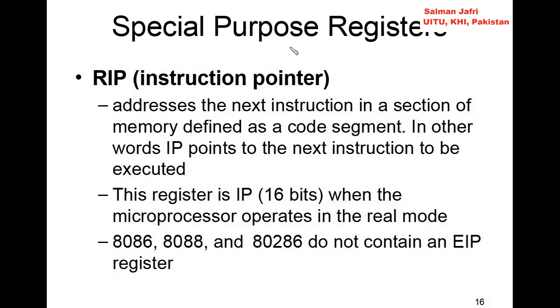Now let's talk a little about special purpose registers. One of the most premier registers is the instruction pointer register, and RIP, rest in peace, is basically the 64-bit version of the instruction pointer. And what is the function? It addresses the next instruction in a section of memory defined as the code segment.